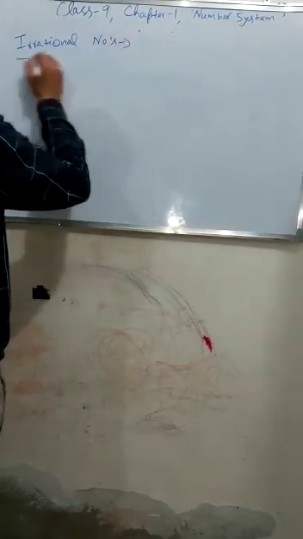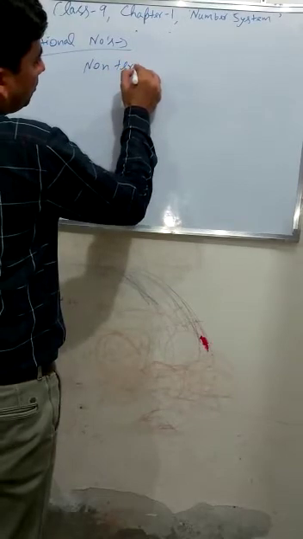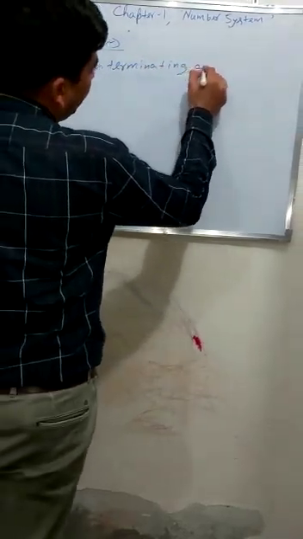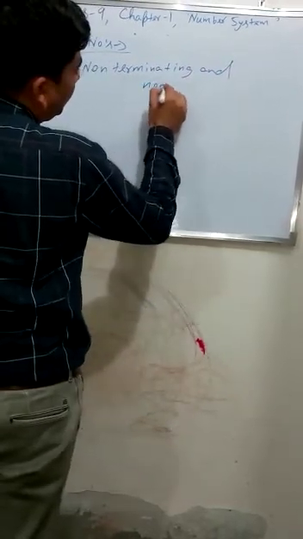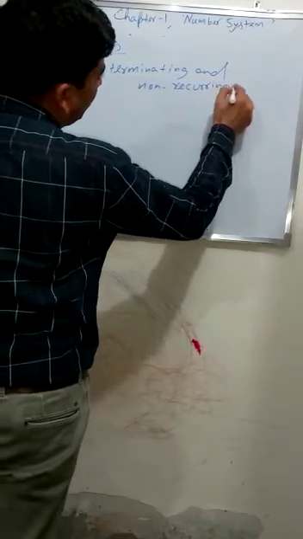Now, irrational numbers. What about irrational numbers? They are non-terminating and non-reoccurring.